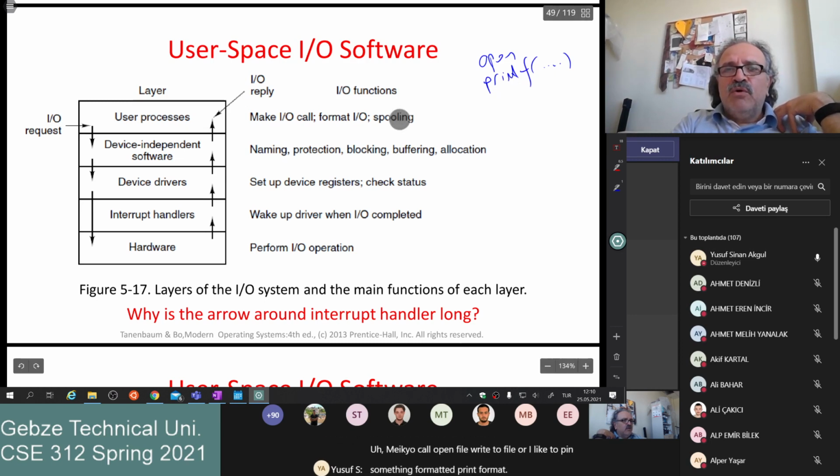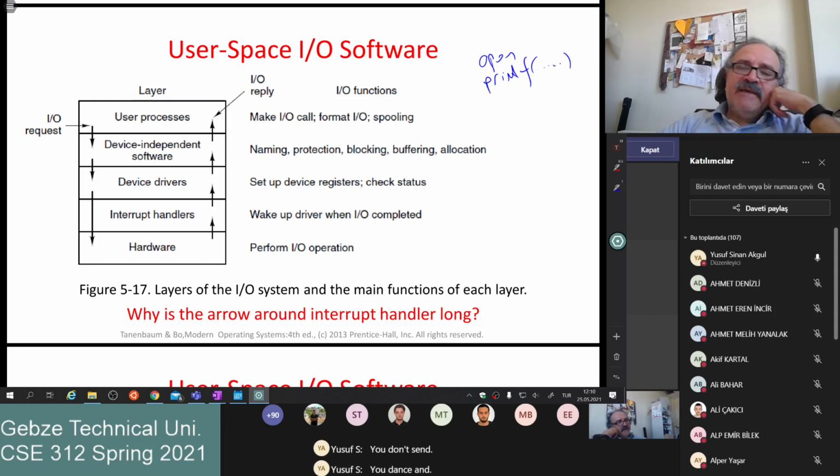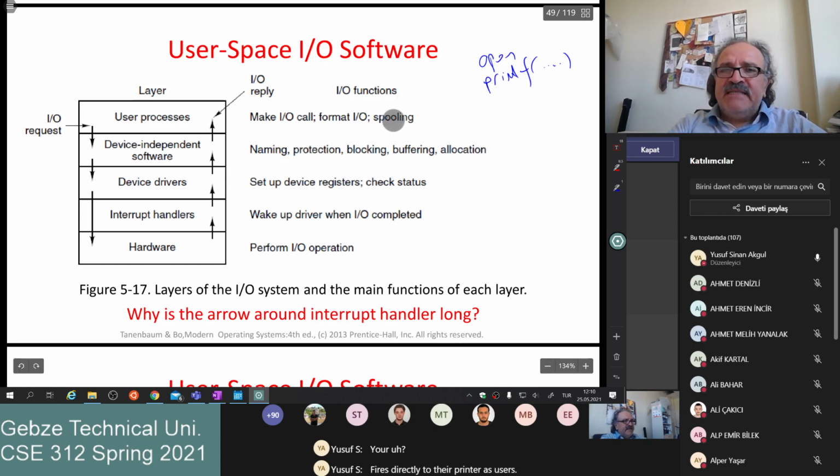Okay, or maybe I am doing something spooling. Remember spooling? Spooling is important. For example, the printer spooling. You don't send your files directly to the printer as users. You send them to a spooler process. There is a user process running.